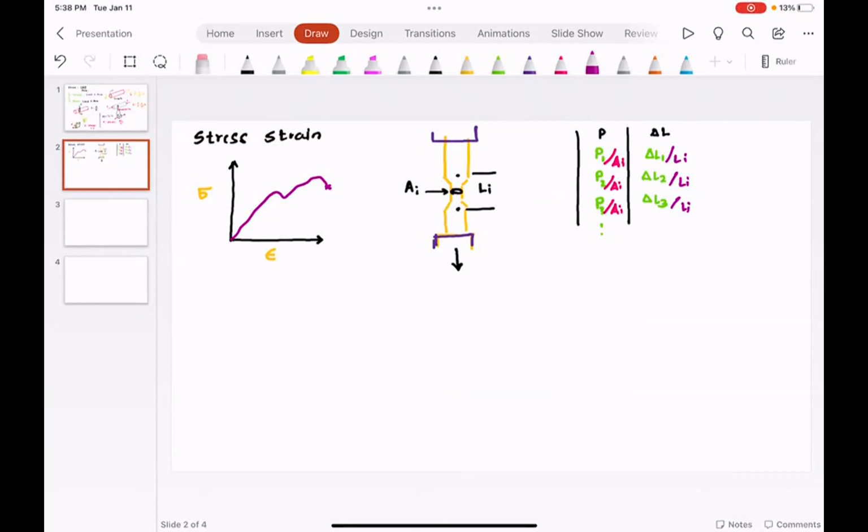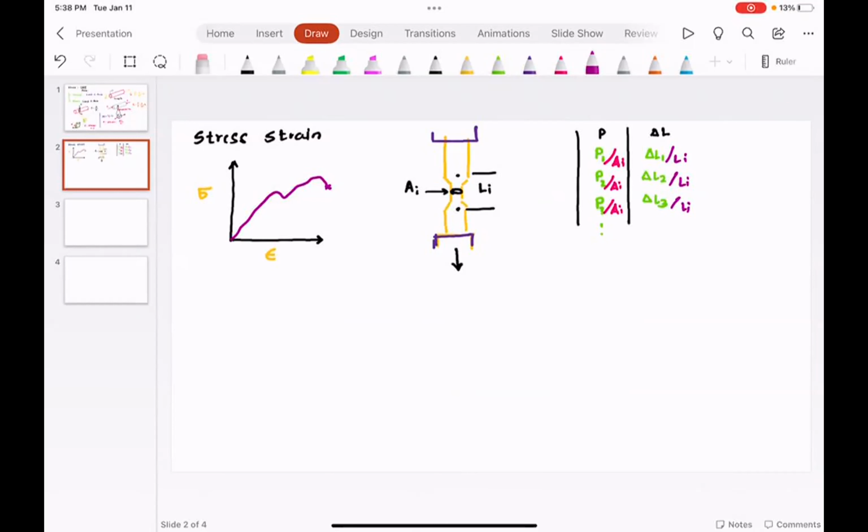So please understand, all the stresses are calculated with the initial area, but recognize that as you are pulling, at some point that area starts decreasing, but still you are using the initial area. Likewise, as the length is increasing, the length for the previous step was different than the initial length, but still you are using the initial length.